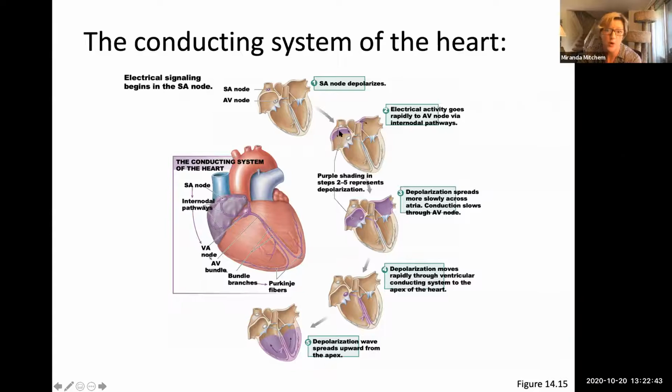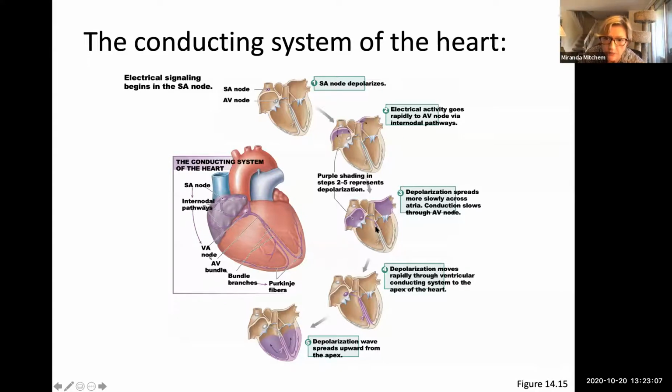It's showing you what part of the heart is depolarizing when. So as our signal goes to the AV node, it is then going to branch out through the bundle. So now we're starting to see full engagement of both atria. Look, our AV valves are open.